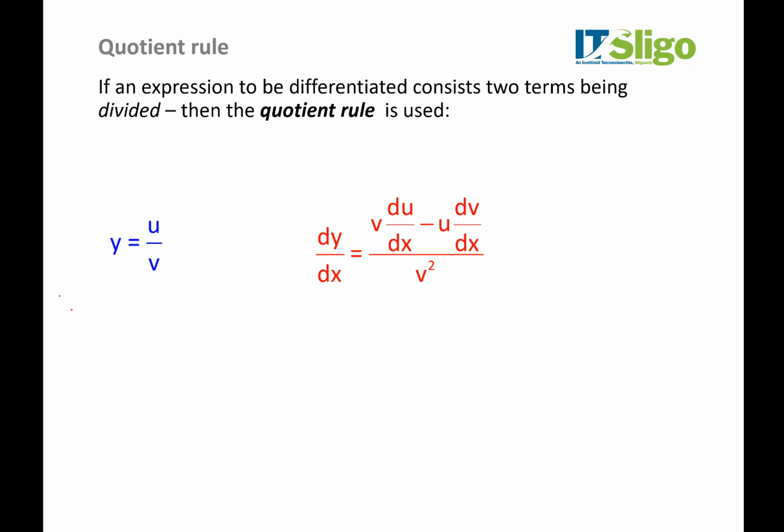But it's the same process. We identify u, we identify v, we differentiate u, we differentiate v. And they're the four building blocks of the quotient rule. So it's really a case of identifying u and v, differentiating them, and then slotting your answers into the correct part of the rule. And this rule again would be available in any formula tables.